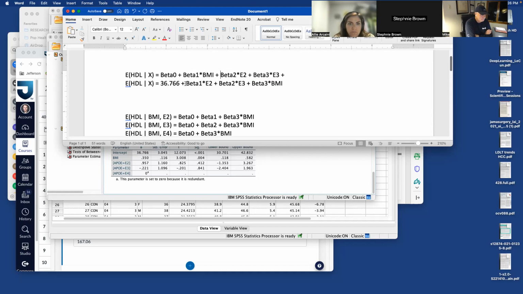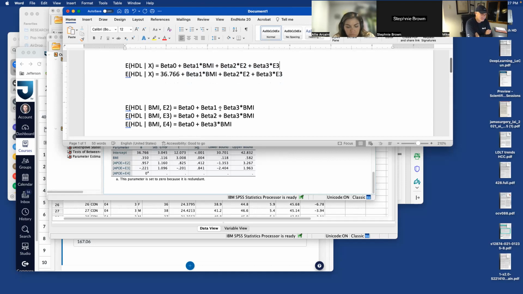Apparently, it likes to put the numeric variables first. Good to know. Always find new things out of SPSS as I continue to use it. So this would be beta 2, beta 1 times BMI. There we go. Okay.